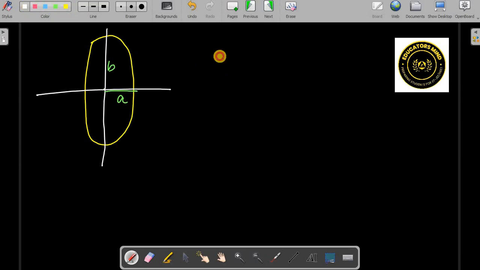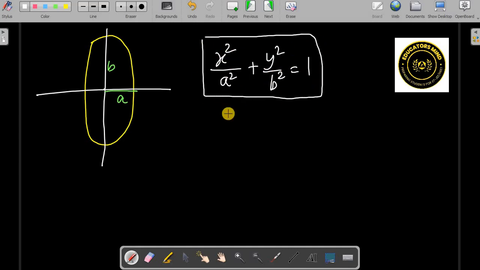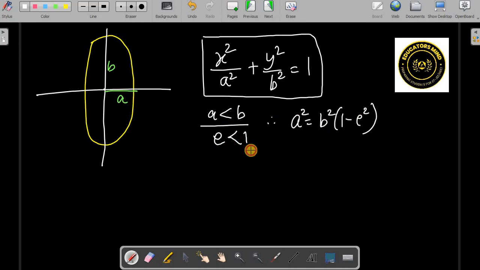Here the formula will remain the same, x square by a square plus y square by b square is equal to 1, but because a is smaller than b, a square is equal to b square (1 minus e square), because eccentricity always remains less than 1. That's how the equation of the ellipse is written.